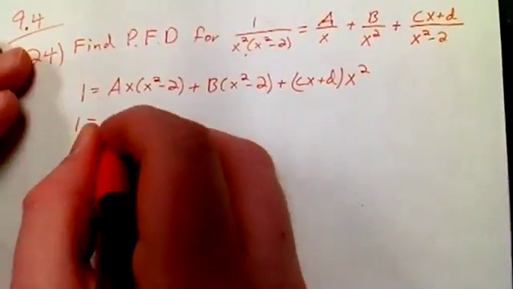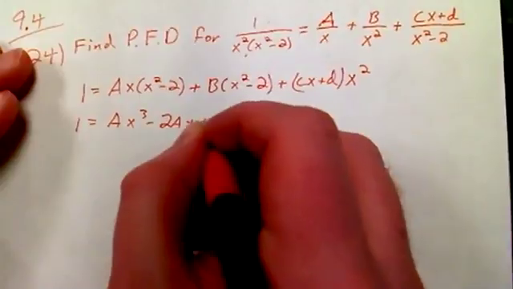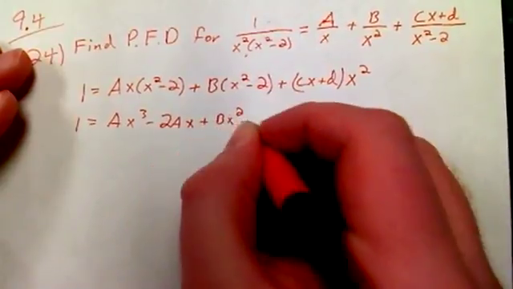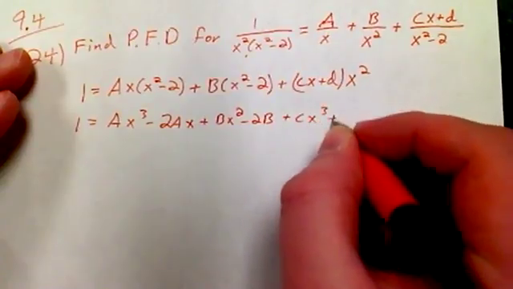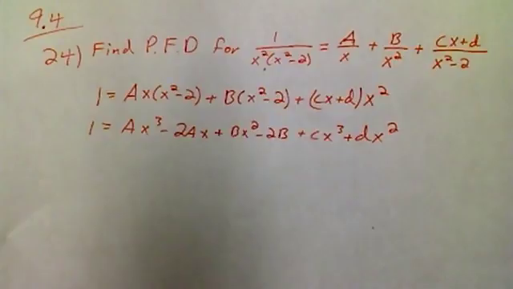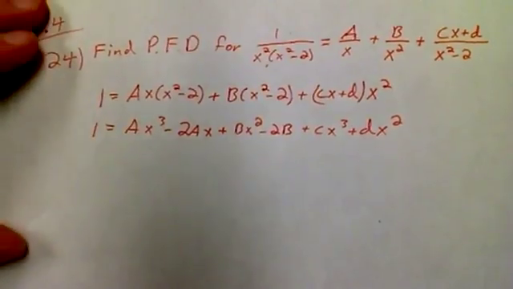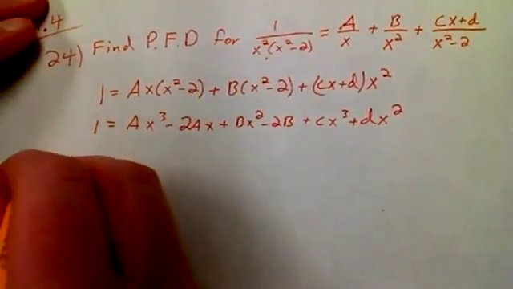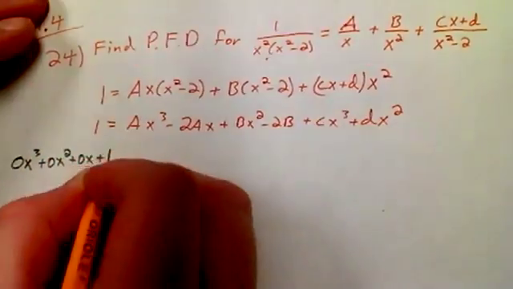Okay, now when I multiply things out, I have Ax cubed minus 2Ax plus Bx squared minus 2B plus Cx cubed plus Dx squared. So I have this thing right here. Okay. Now, from right here, I'm going to write this on this side as 0x cubed plus 0x squared plus 0x plus 1.